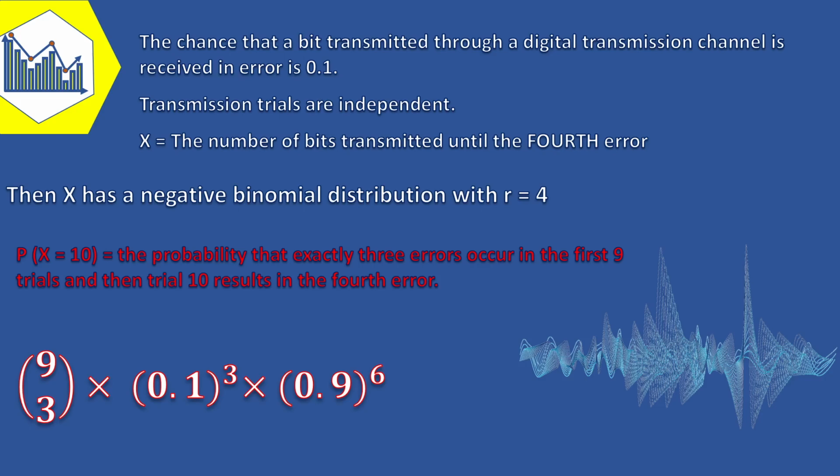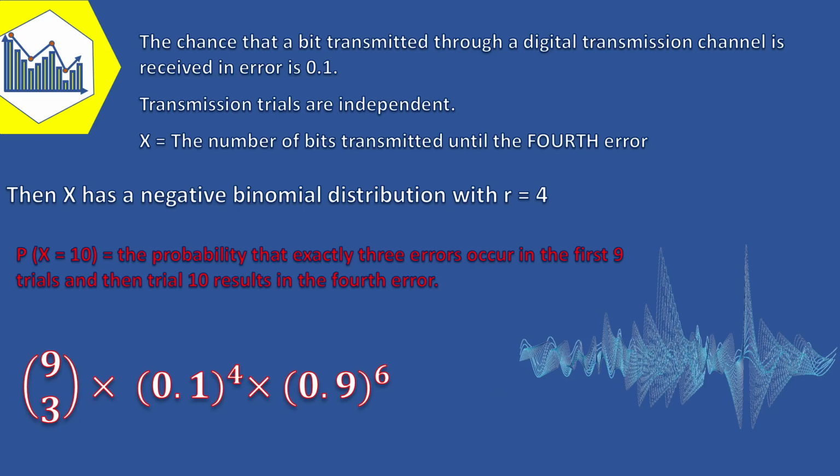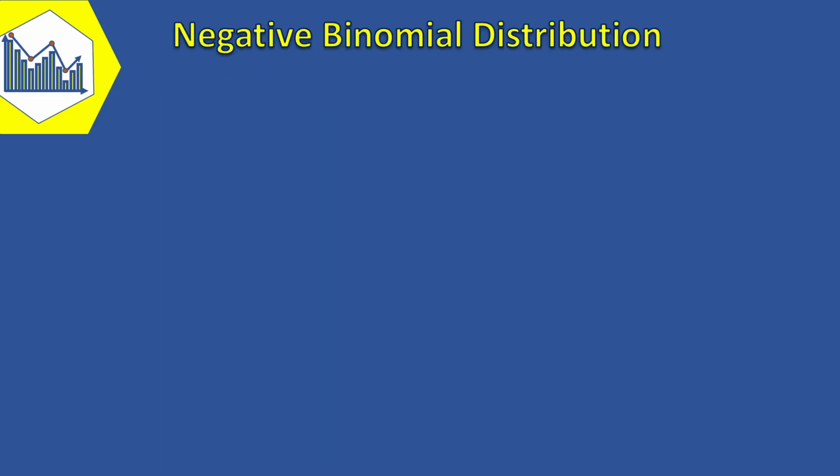Because the trials are independent, the probability that exactly 3 errors occur in the first 9 trials and trial 10 results in the fourth error is 9 choose 3 times 0.1 to the power of 4 times 0.9 to the power of 6. Now let's see the negative binomial distribution formulas.